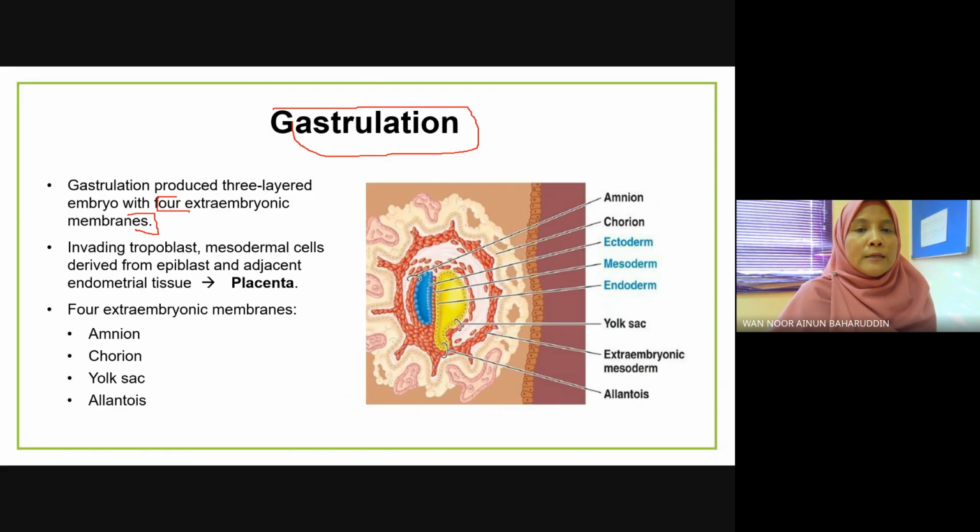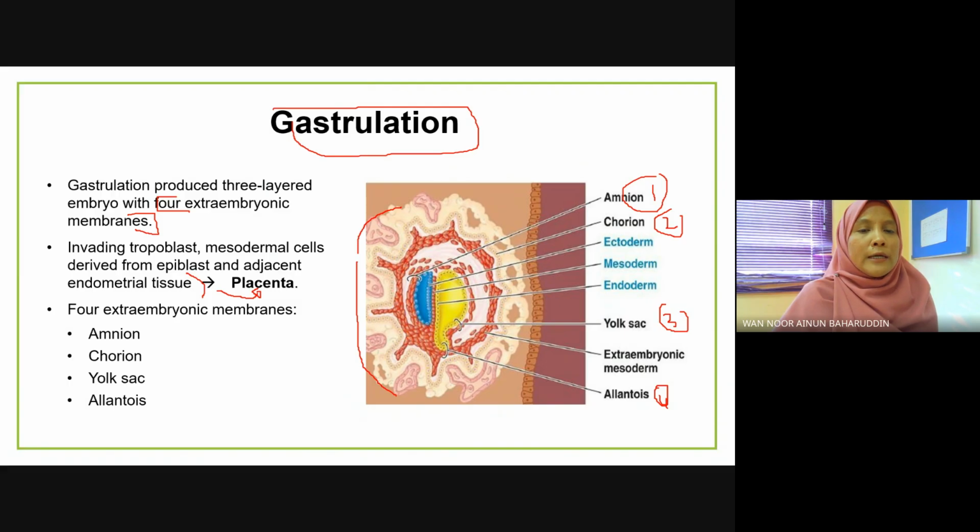The trophoblast during this gastrulation, the outermost one, is derived from the epiblast and adjacent endometrial tissue. From this tissue, they will develop into the placenta. The four extraembryonic membranes are, first, the amnion, second, the chorion, third, the yolk sac, and the fourth, the allantois.